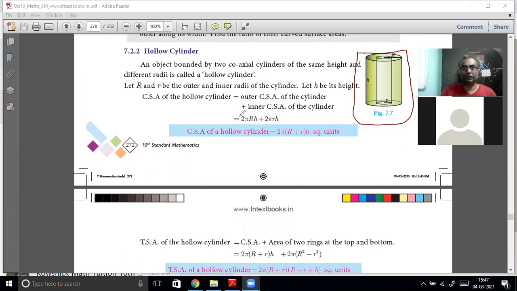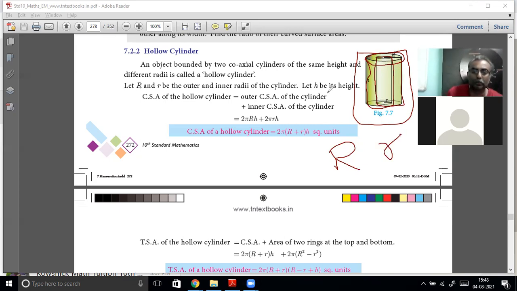The outer cylinder area is 2 pi RH, where R is big R. The inner cylinder area is also 2 pi RH, but R is small r. You understand the difference?